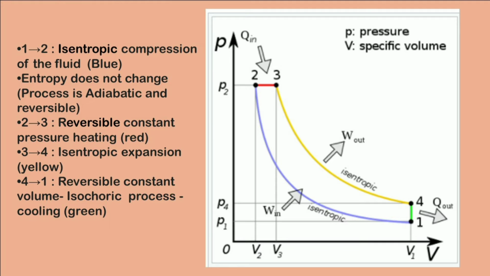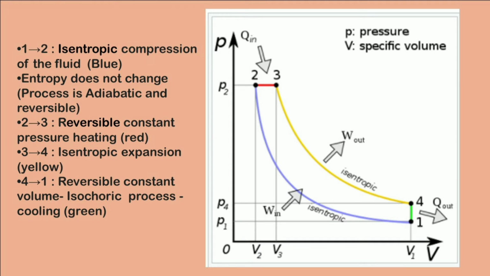In the first stroke, which is the intake stroke, represented by 1 to 2, the isentropic process represented by the blue line, energy is transferred into the system in the form of work in. The next process 2 to 3, represented by the red line, is a constant pressure isobaric process.